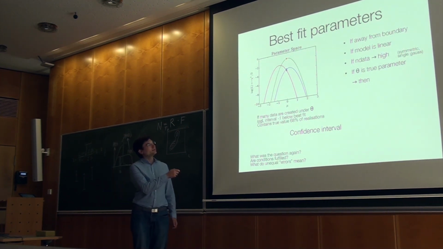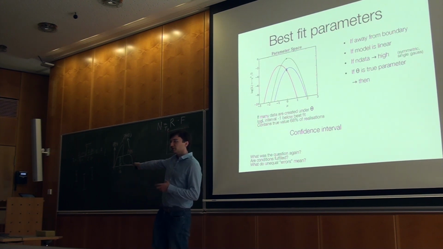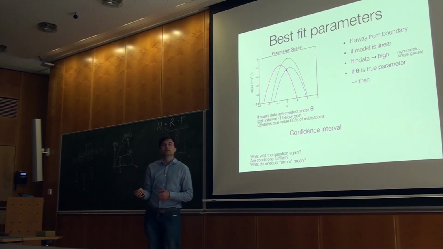You have the best fit, and you imagine that you generate a whole bunch of data sets with that best fit as the true input value. For all of these data sets, you find the best fit. You optimize their likelihood functions.